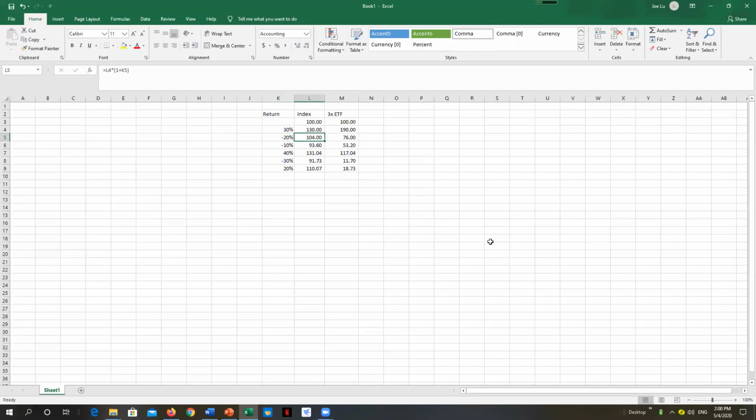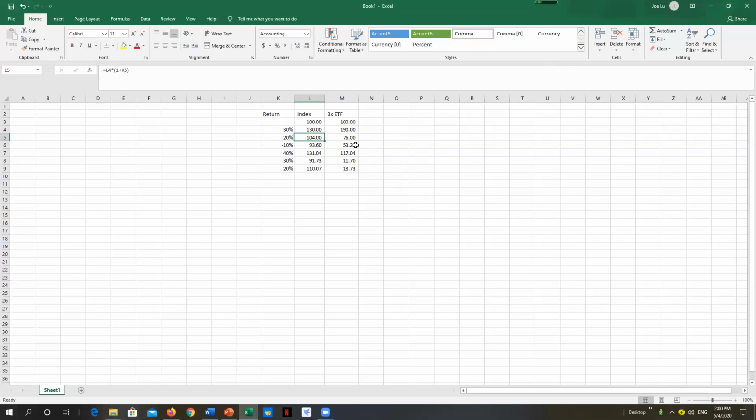Right away you see that for the index, you still have a gain because you have dropped down to 104, but it's still positive. You still made $4. If you notice, the average return over the 2 periods will show you 5%.